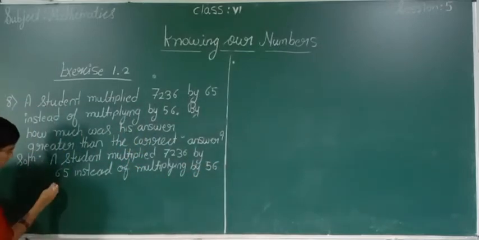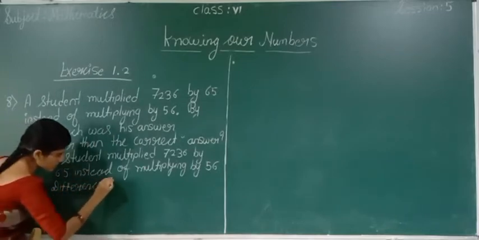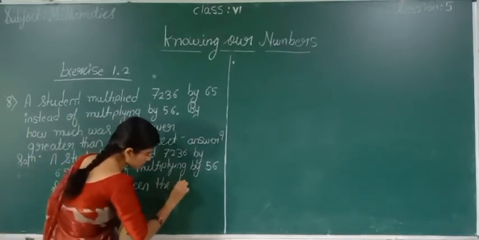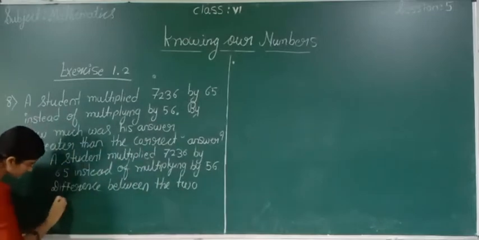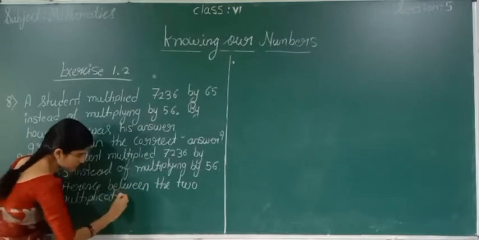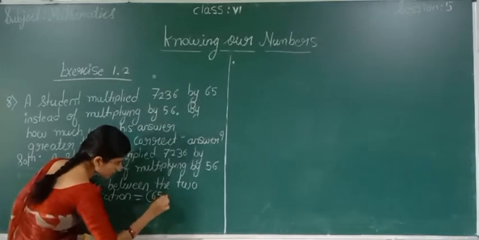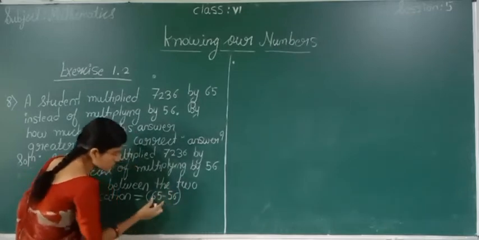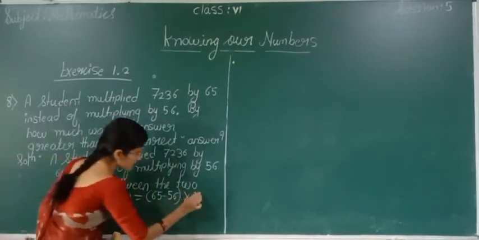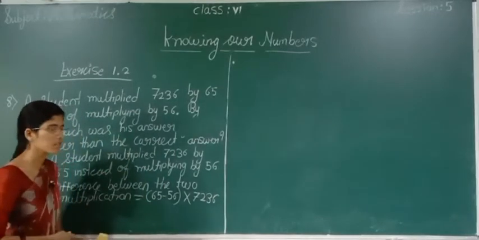The difference between the two multiplications is equal to, see, he has multiplied by 65 instead of 56, so you do the subtraction into 7236. If you do this, you will get the answer in a very easy way.